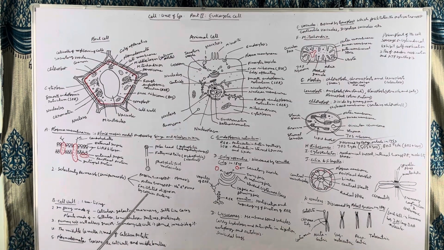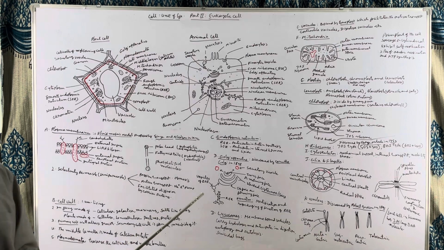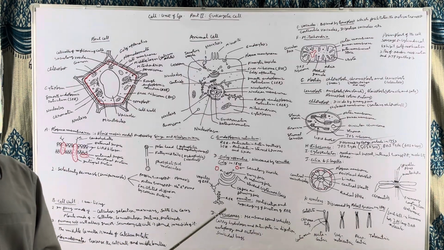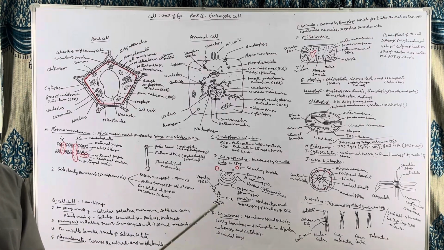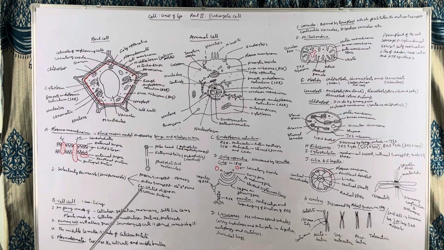The third one is facilitated diffusion. This is done by a carrier protein present in the lipid bilayer. And facilitated diffusion doesn't involve any expenditure of energy. In this way, the plasma membrane helps in active transport, passive transport, and facilitated diffusion. It forms the outer boundary of the cell.